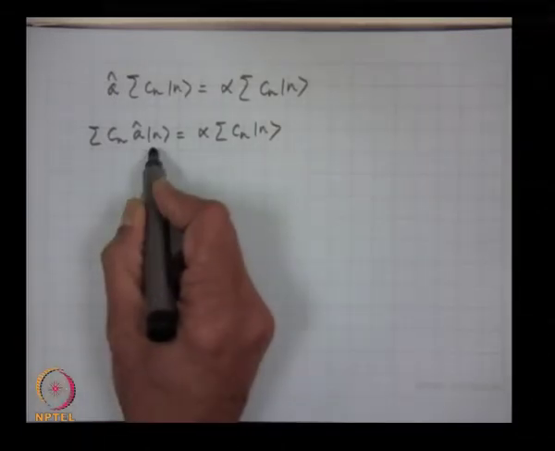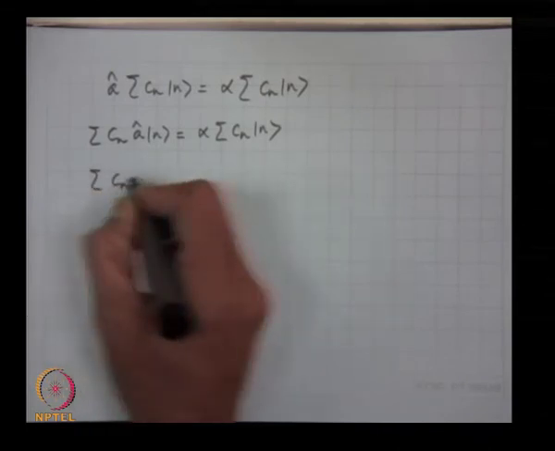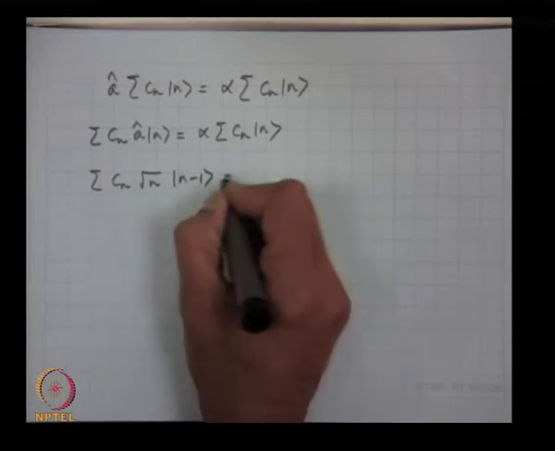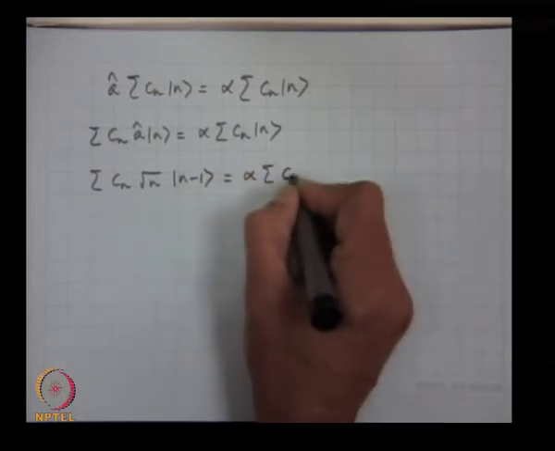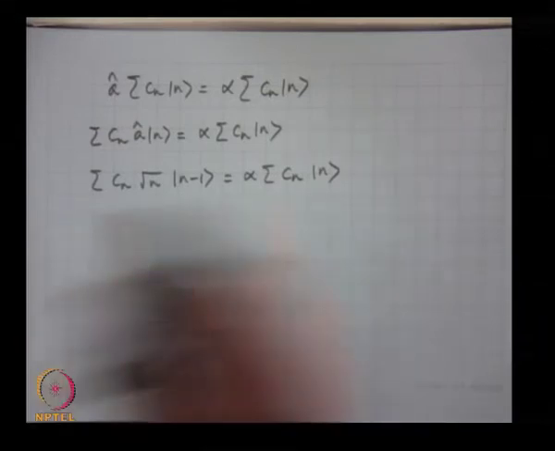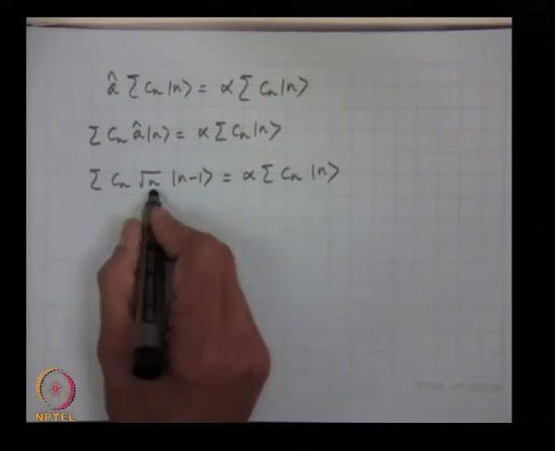Now what is A times n? It is square root of n times n minus 1. Okay, so let me expand this sum. The C0 term will be 0 because n is equal to 0.